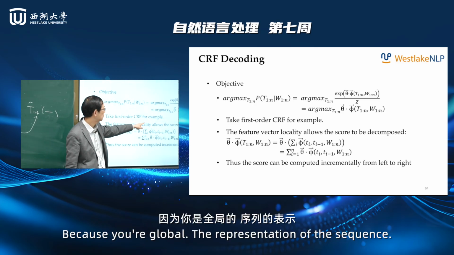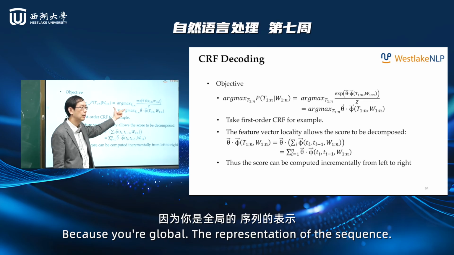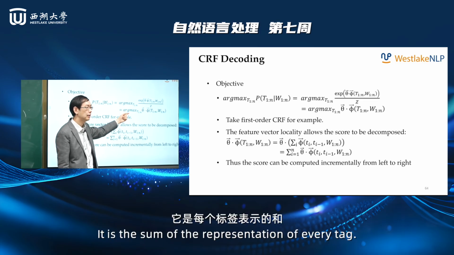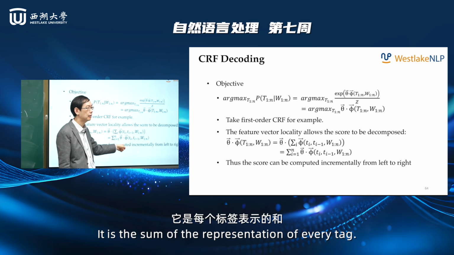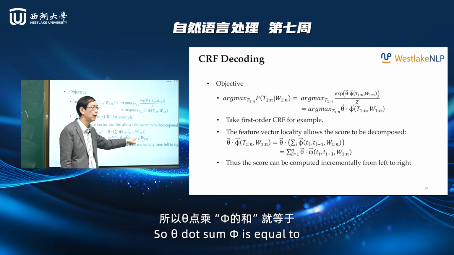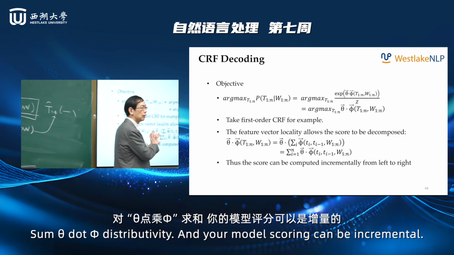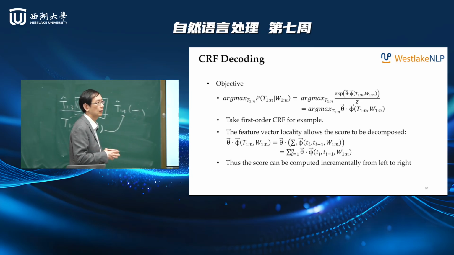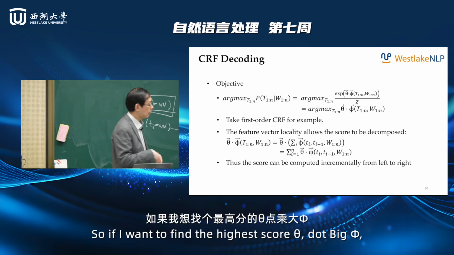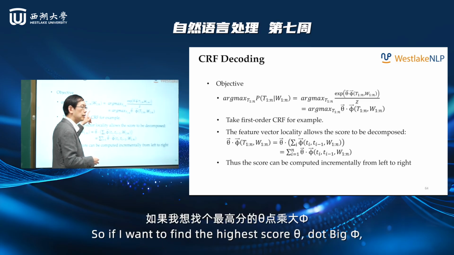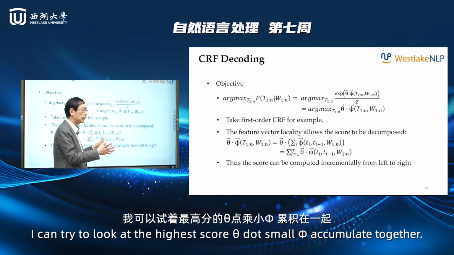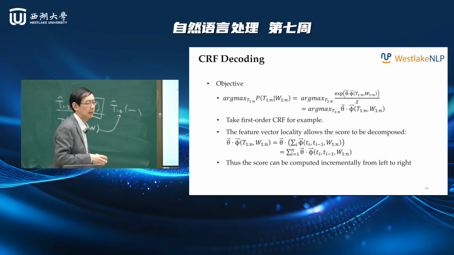Because the global representation of the sequence is the sum of the representation of every tag, theta dot sum phi is equal to sum theta dot phi, distributivity. And your model scoring can be incremental. Okay? All right. So if I want to find the highest scored theta dot big phi, I can look at the highest scored theta dot small phi accumulated together, right?